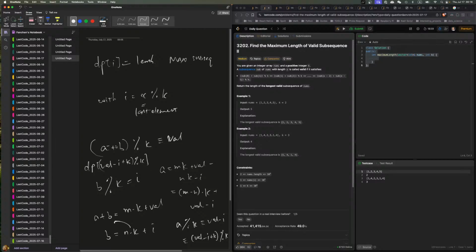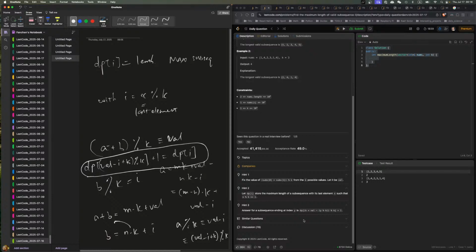This thing is the previous plus 1 equal to dp[i]. See, this is my relationship, which has k plus val, I have a minus, I have i, but here is y.